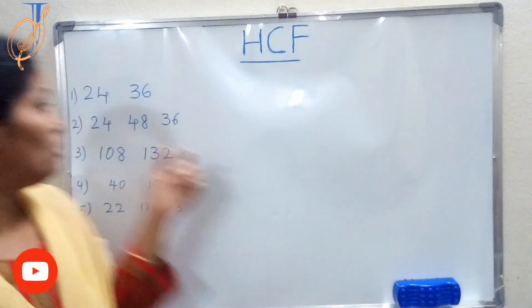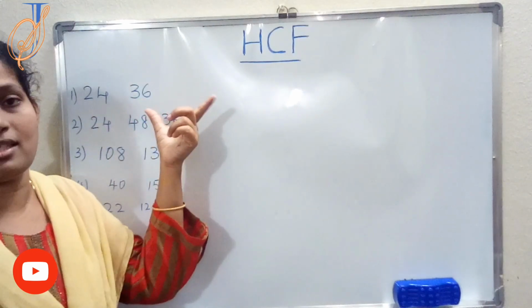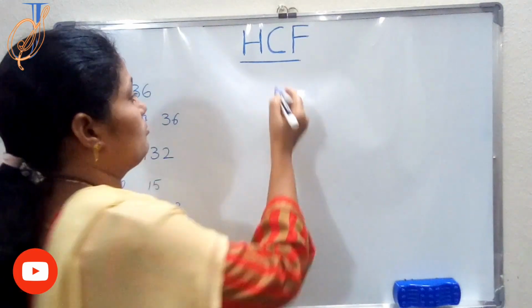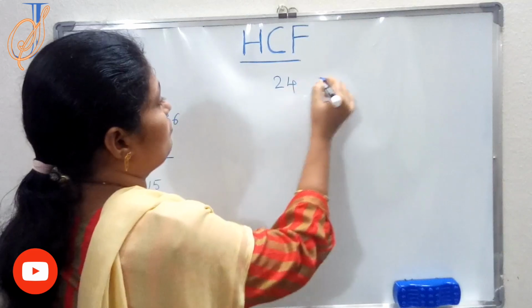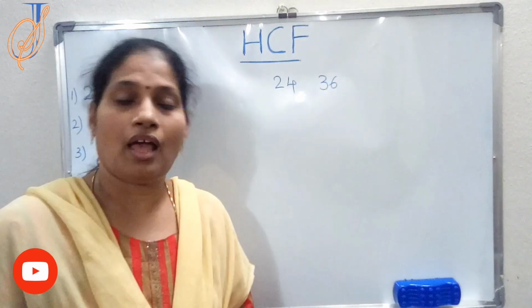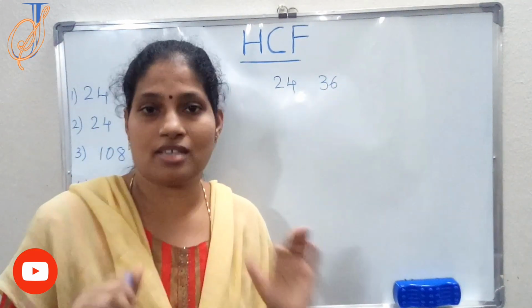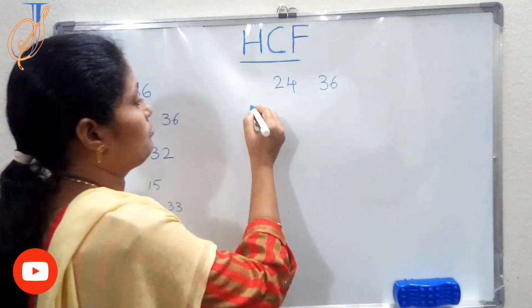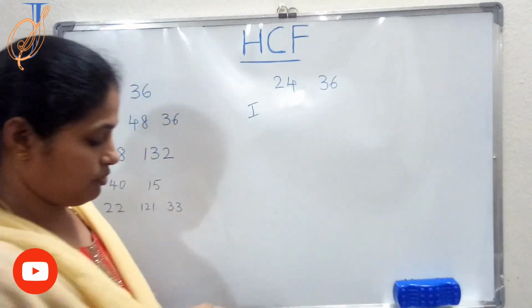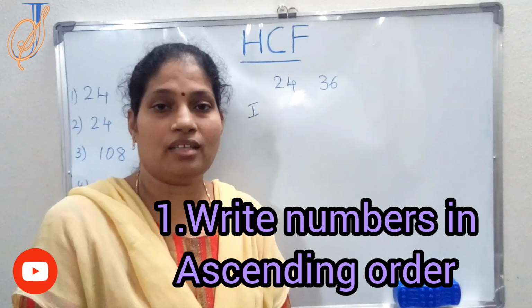For instance, find the HCF of 24 and 36. As usual, I am following the steps. Step 1: Write the numbers in ascending order.